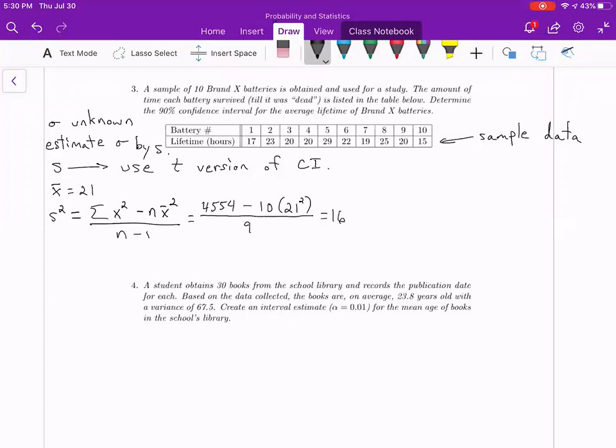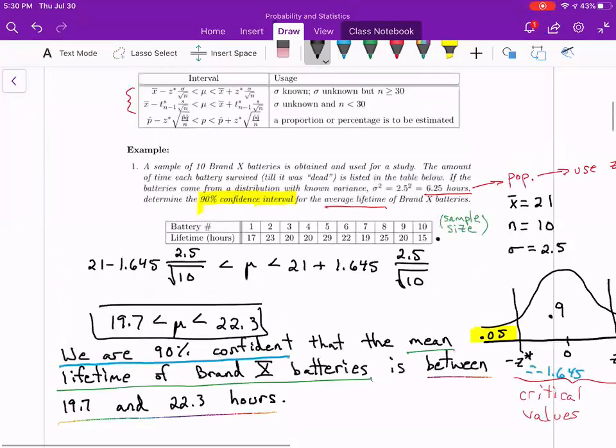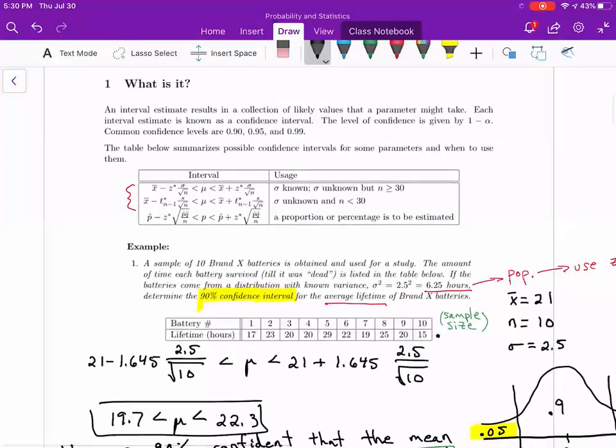This comes out to 16, which means that S is the square root of that, which is 4. All right, so we've got X bar, we have S, we know N. The only thing that we don't have in this second confidence interval formula is our T star, our critical value.